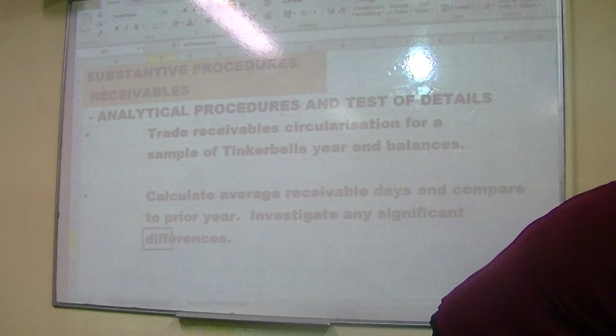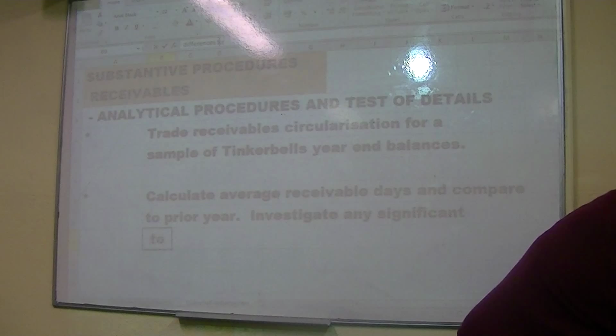What would we do with significant differences for a year?